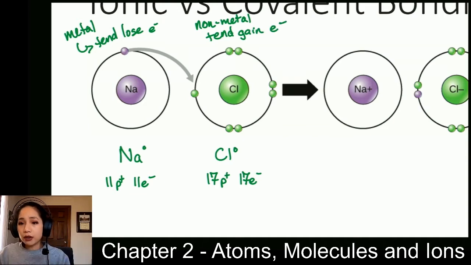So when we put a metal and a nonmetal together, that transfer is enhanced because we have a metal that tends to lose electrons, and a nonmetal that tends to want to gain an electron. And so that's what happens. Sodium will lose one of its electrons, and chlorine will gain that electron.